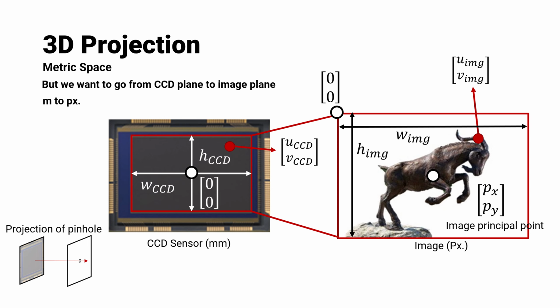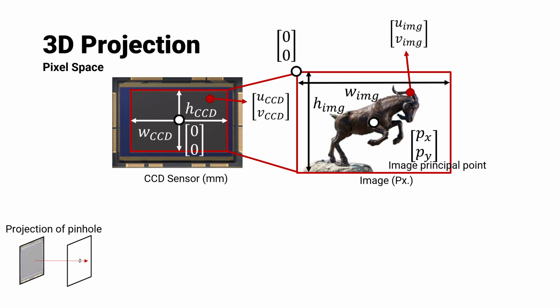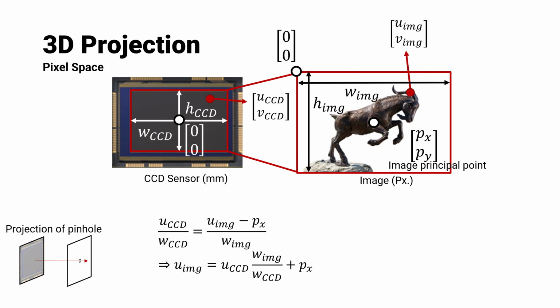Okay, great. So let's dive right in. Let's write the equations for conversion from the metric space on the CCD sensor in millimeters to the pixel space on the image plane. That's fairly simple. It's just a simple shift and a scale, and that's what we would have.